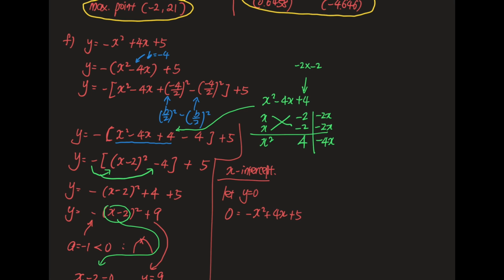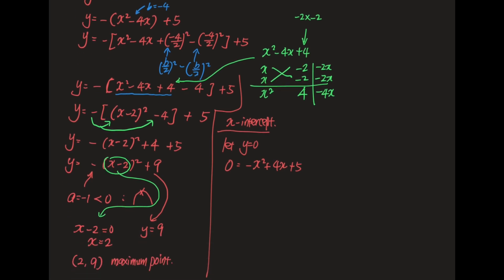So we substitute 0 for minus x squared plus 4x plus 5. Normally we want the first term to be positive, so I will shift everything to the left so that they change sign. Then I will get x squared minus 4x minus 5 equal to 0.